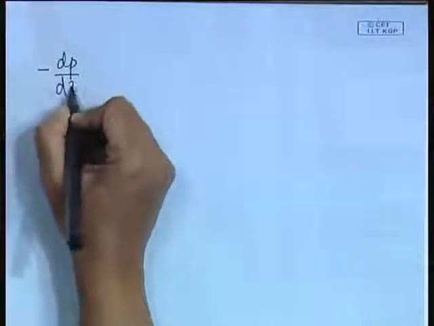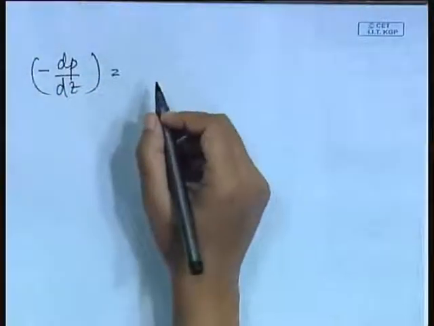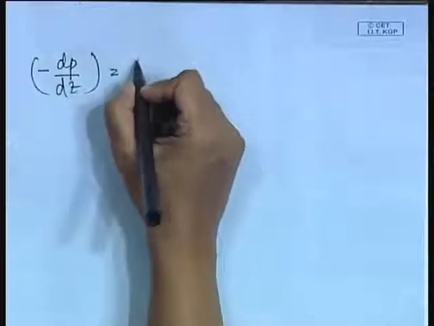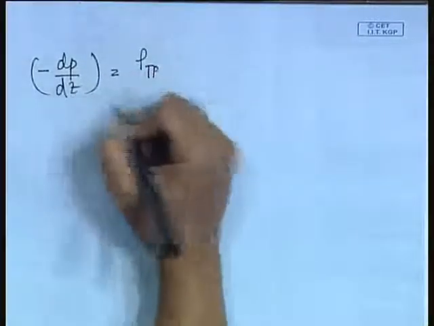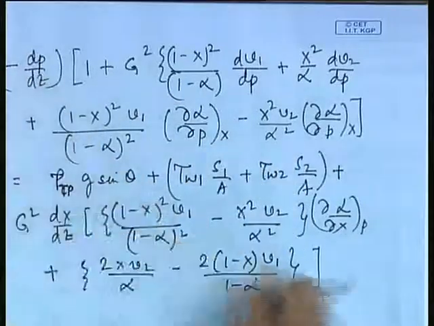So, all of you have copied down the expression, fine. From here what do we get? We get the final expression of minus dp dz in terms of known measurable parameters. I simply bring the multiplying factor of minus dp dz on the left hand side to the right hand side, nothing else.